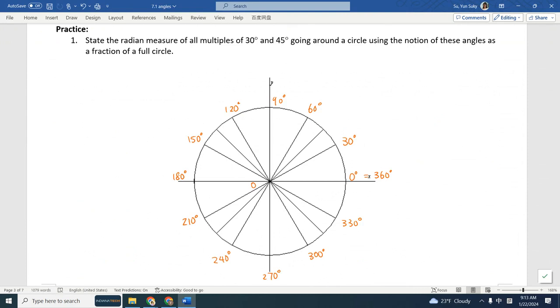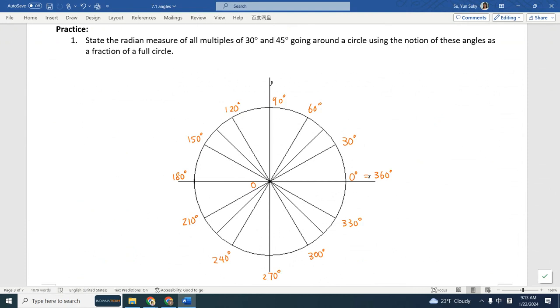Keep in mind, a right angle is 90 degree, this is a straight angle, 180 degree, and then here is 270 degree, and right here is 360 degree. So those four are very, very important.